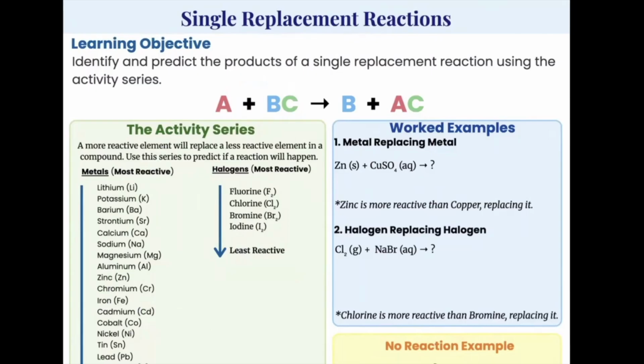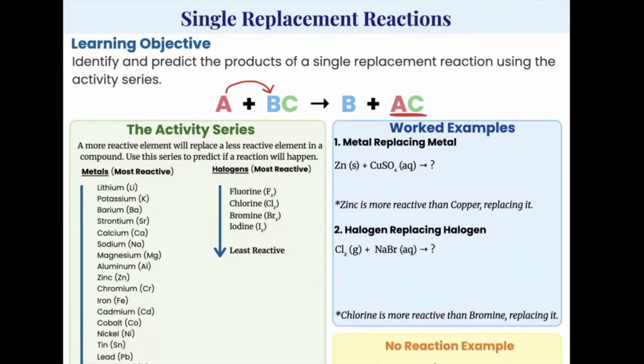A single replacement reaction follows this general pattern where you have A reacting with BC to produce B and AC. And what's happening here is that element A replaces element B in a compound. Most of the time you'll compare two metals, where A and B are metals, or you'll compare two halogens.